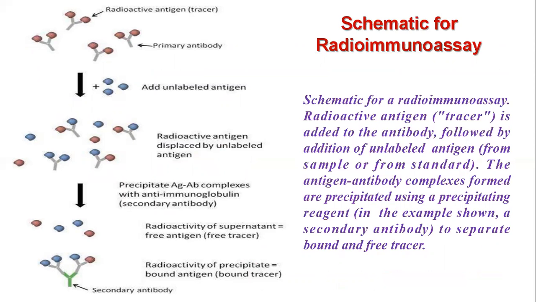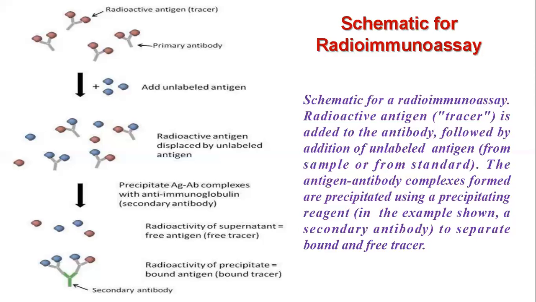Next, we have to add the unlabeled antigen. In the left-hand picture you can see the labeled one is red and the unlabeled one is blue, and here you can see a mixture, meaning the radioactive antigen is displaced by the unlabeled antigen. Then in your solution you have both, mostly the labeled and a small amount of the unlabeled.